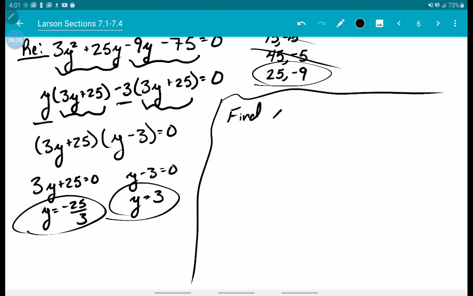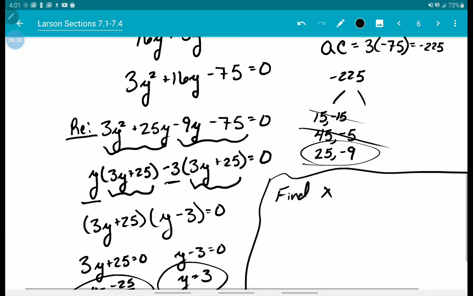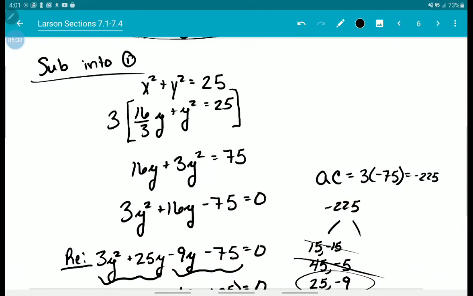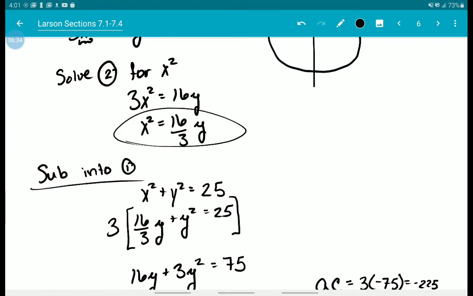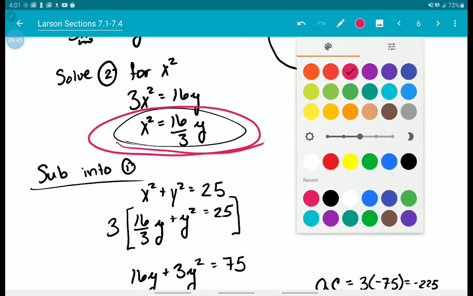So let's find x. Up here, we had taken that second equation and solved it for x squared. So let's use that equation now. x squared is equal to 16 over 3 times y.